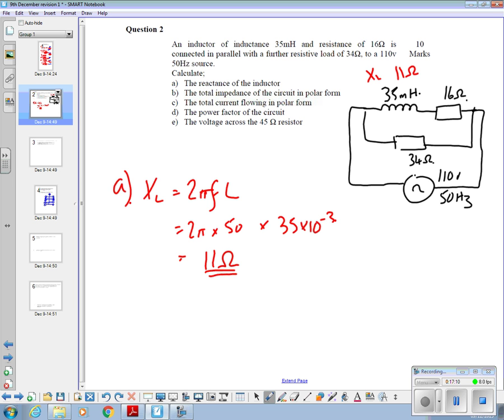XL 11 ohms. Always useful to do that. Again, 2 marks. Right? Looking puzzled, Luke. No, that's fine. I got that. No, good. Good.